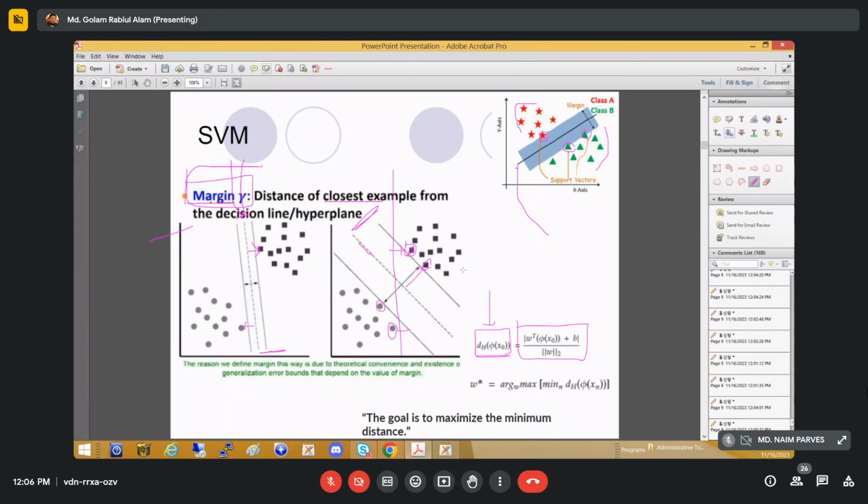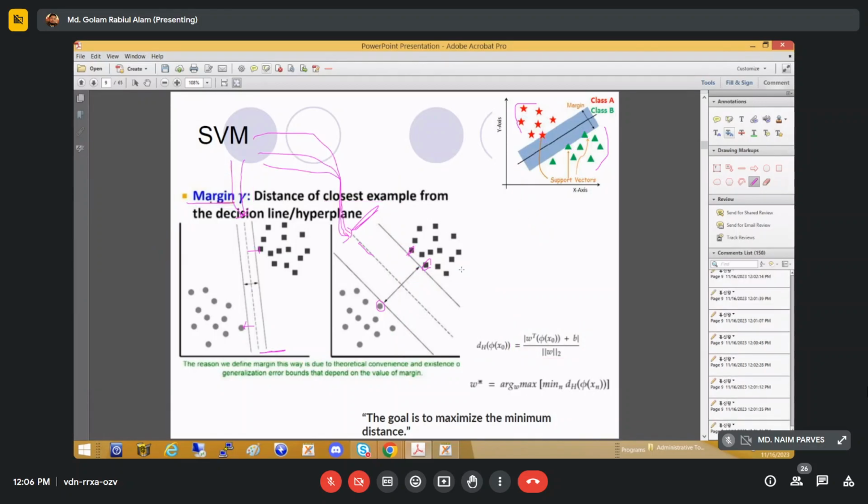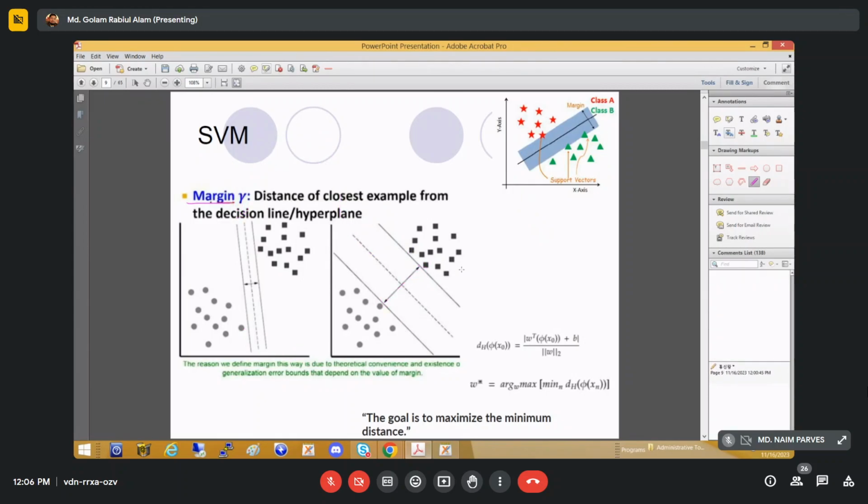So using this distance function, what do we have to do? At first we need to measure the distance from the hyperplane, from here to the hyperplane, and here to the hyperplane.